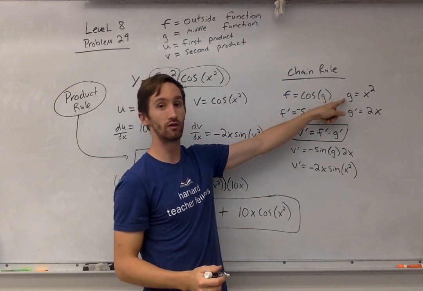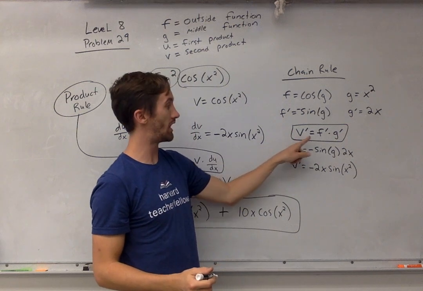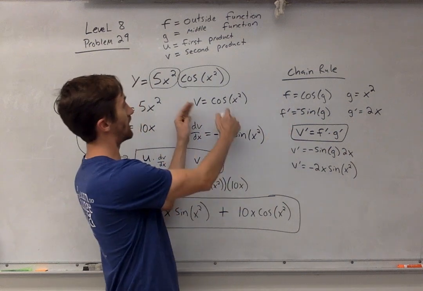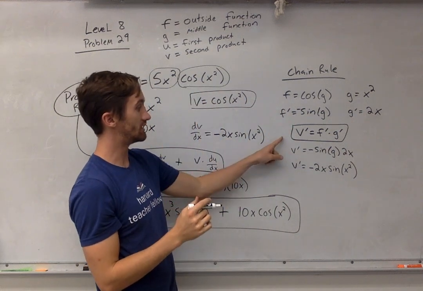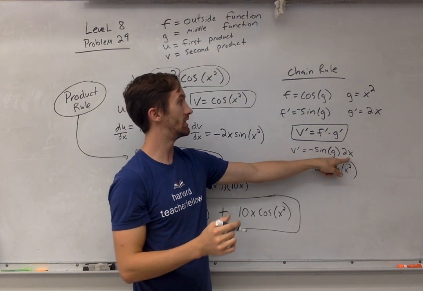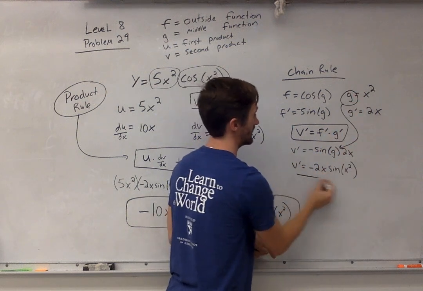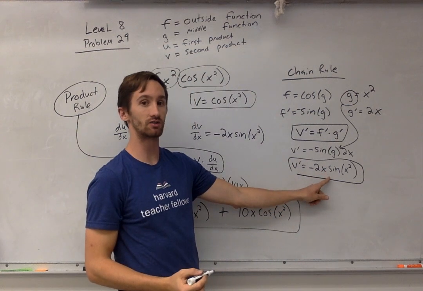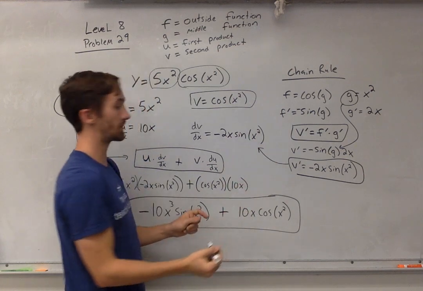I take the derivative over here, I get 2x. I do the chain rule, I multiply those two together, and I get that the derivative of v is equal to negative sine g times 2x, and I just plug my g back in, and I get negative 2x sine x squared.